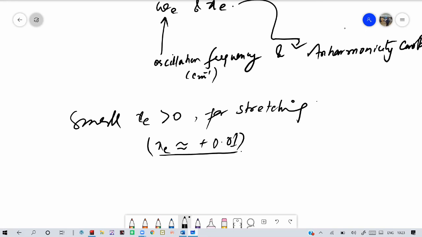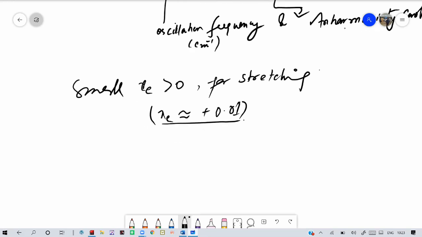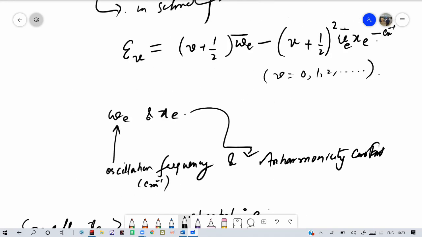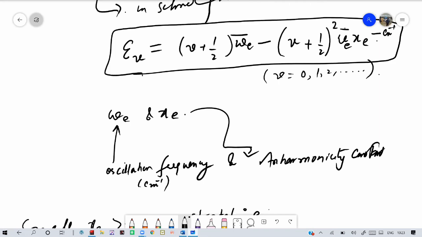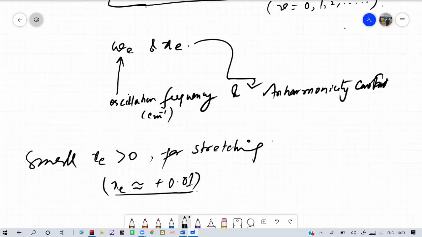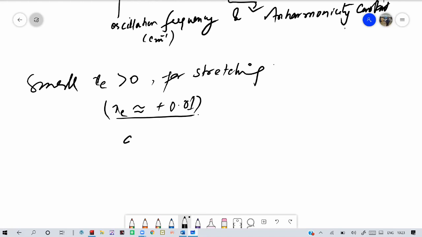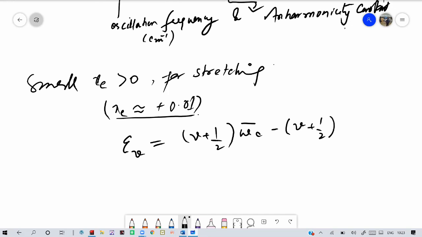And we can rearrange this expression for anharmonic vibrations. I will take omega E common, and let us write it first.